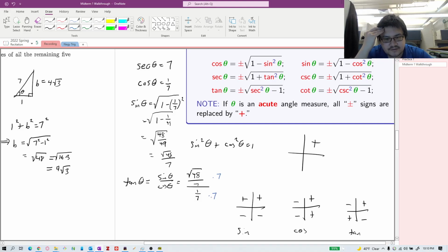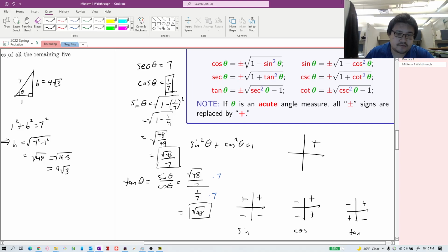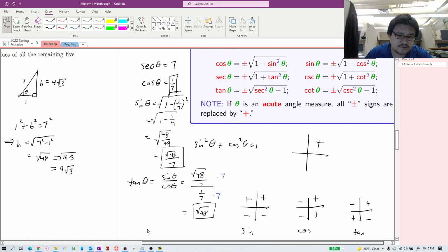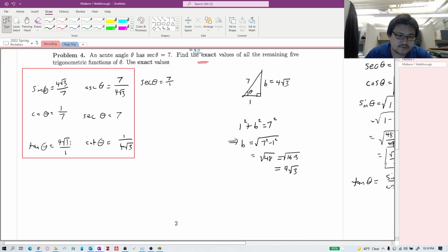That's going to cancel the denominators in both parts, and so you end up with root 48. Okay, great, we get this guy, we get this guy. It's kind of piecing together a bunch of random puzzles. So that is the same as radical 48.